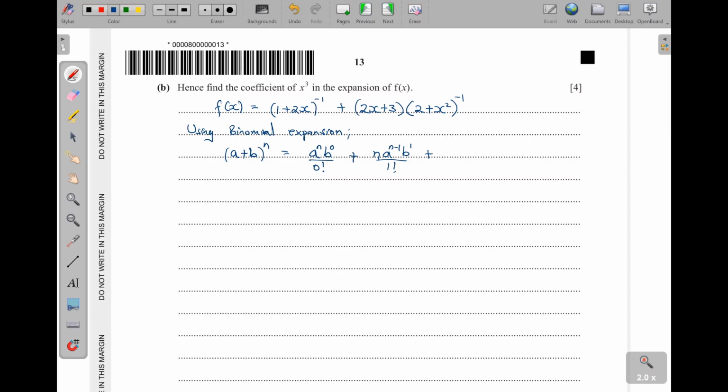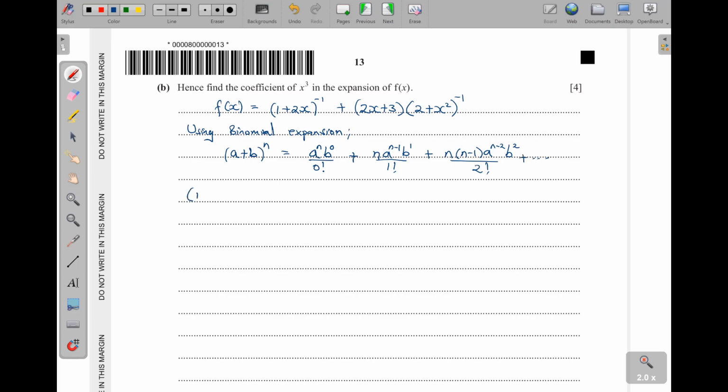Then now drop again n into n minus 1, then a to the power of n minus 2, then b squared over 2 factorial, like that, and you continue.